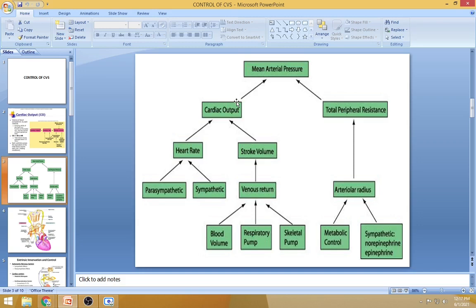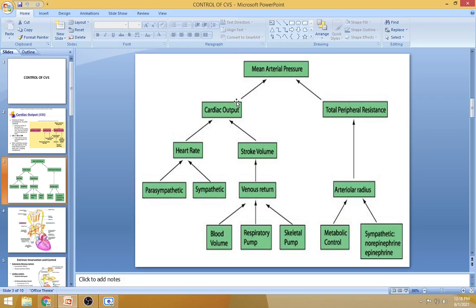In the earlier slide I showed you how important it is to control the cardiac output, and we have seen that the cardiac output is determined by heart rate and stroke volume, so that slide itself tells us that heart rate control and stroke volume control are also very important factors when we talk about regulation of the cardiovascular system.